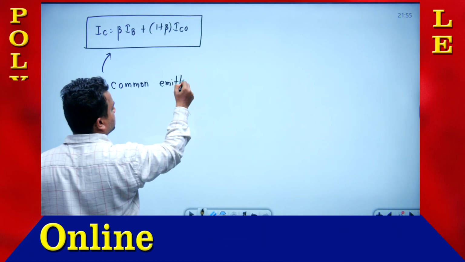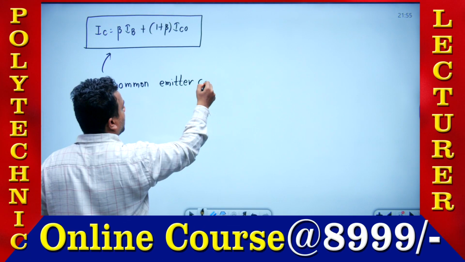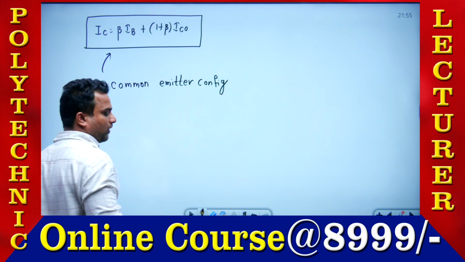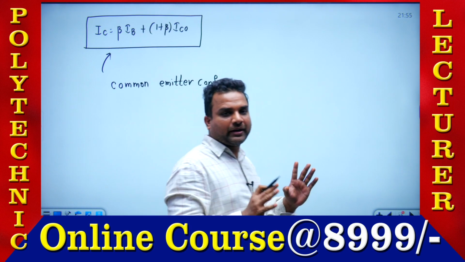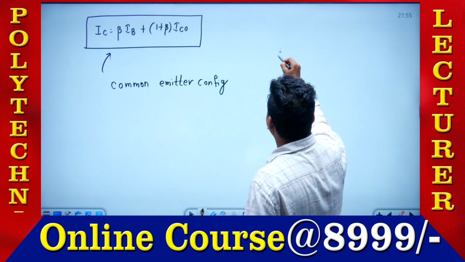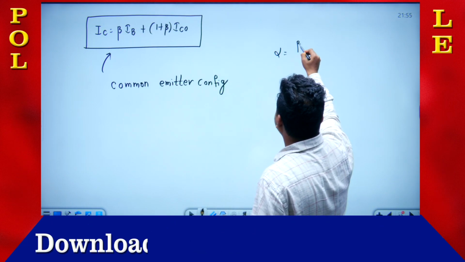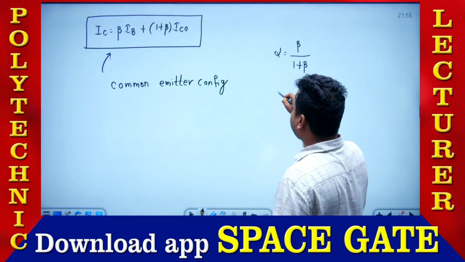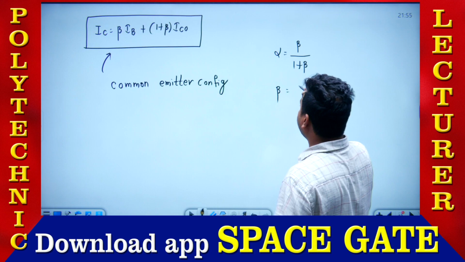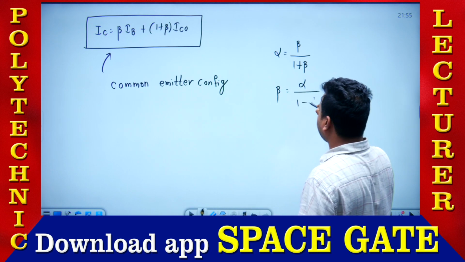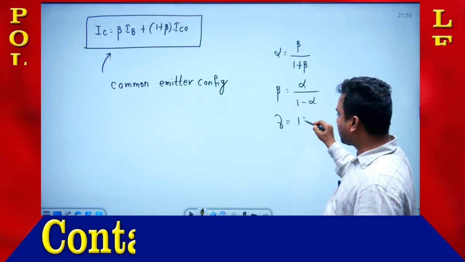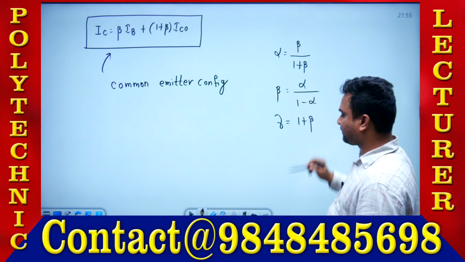Remember guys, got it? And now the point is, what is the relation between the alpha, beta, gamma? Alpha is equals to beta by 1 plus beta. Beta is equals to alpha by 1 minus alpha. Gamma is equals to 1 plus beta.